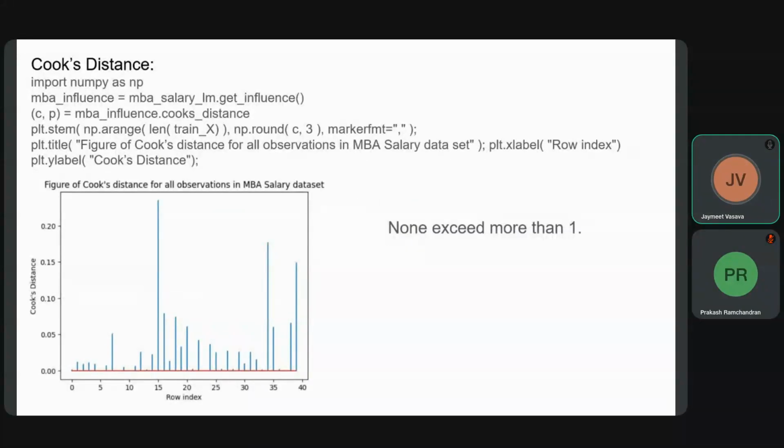Then comes Cook's distance. We are using the get_influence method from the MBA salary LM, saving that into MBA influence, and then using MBA influence for calculating the Cook's distance.